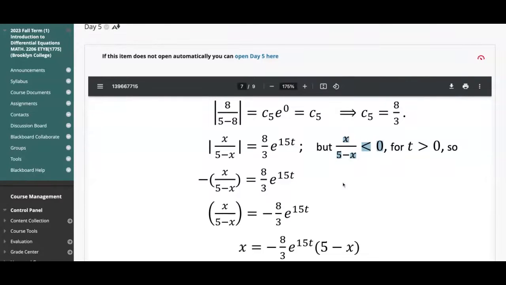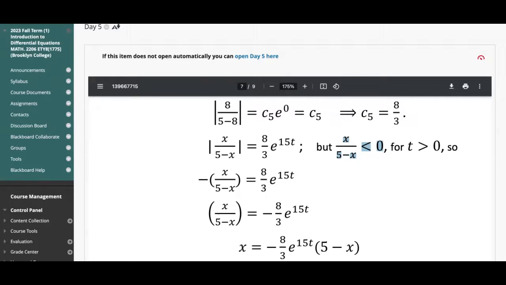If we do negative x over x minus 5, then in the numerator we can do x minus 5 plus 5. Then we see we have negative 1 plus 5 over x minus 5.